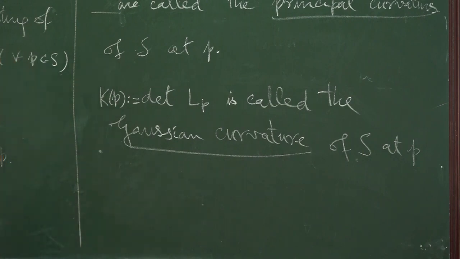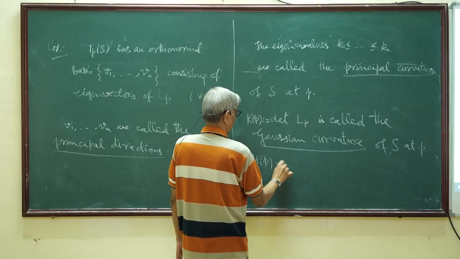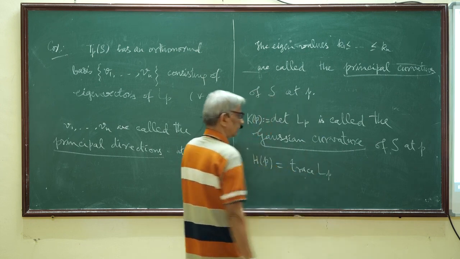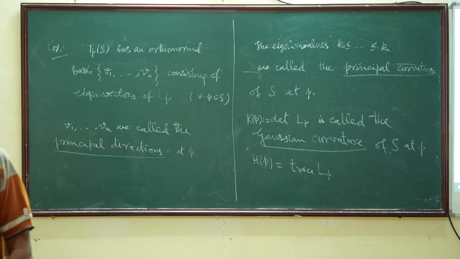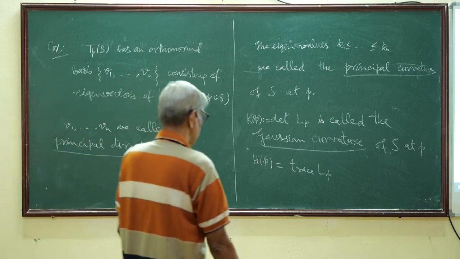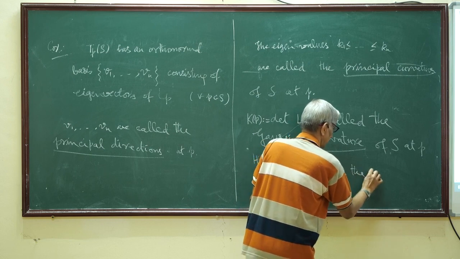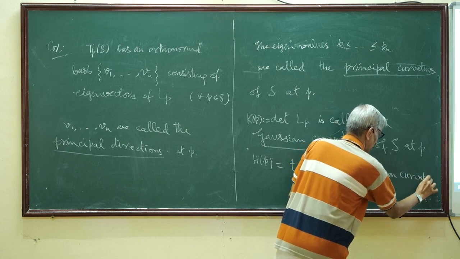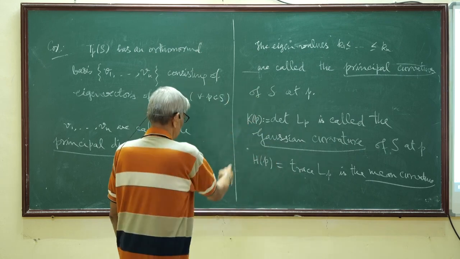We denote it by K, the capital K at P. The trace of L_P, the trace of the Weingarten map, is called the mean curvature of S at P. So usually, yeah, H.